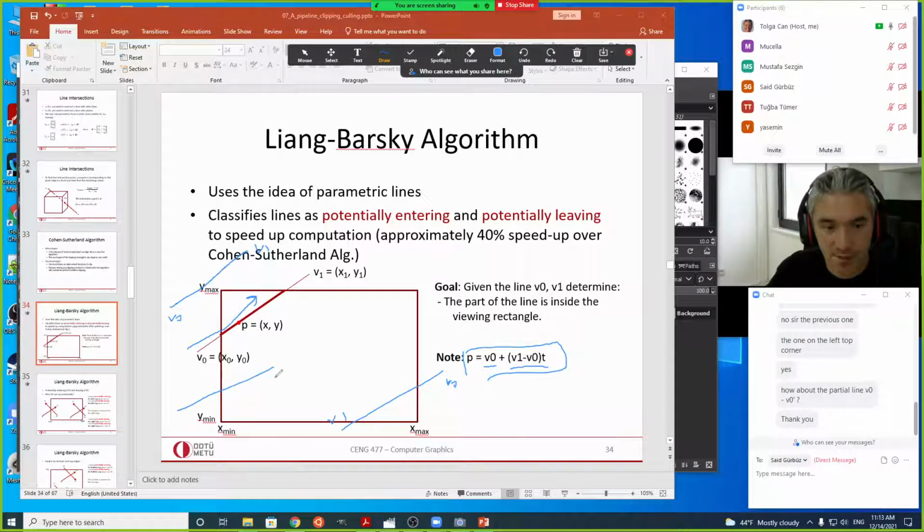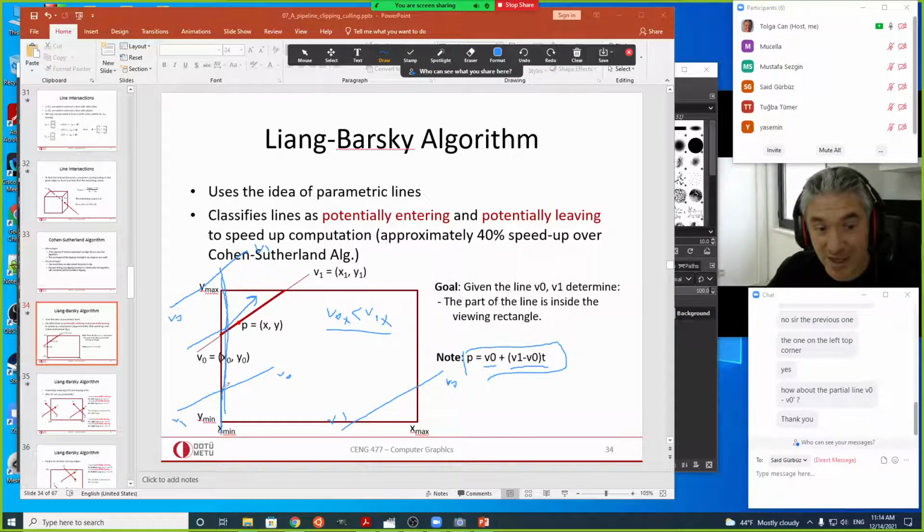Now, if v0 is here and v1 is here, with respect to the left boundary, actually with respect to every boundary, we determine whether this line is potentially entering or exiting the clipping boundary. These are really simple rules. For example, if v0x is less than v1x, this one is potentially entering the left.